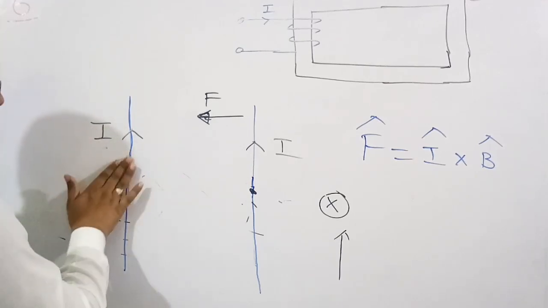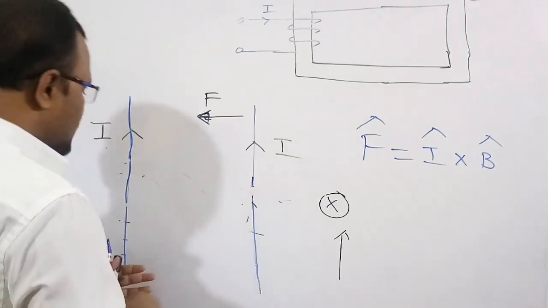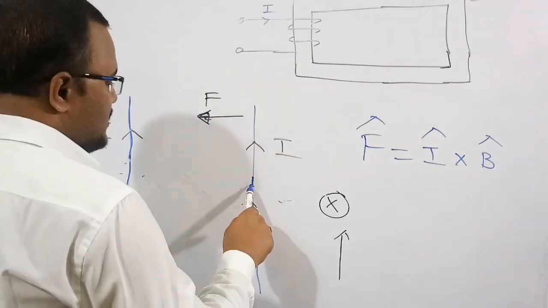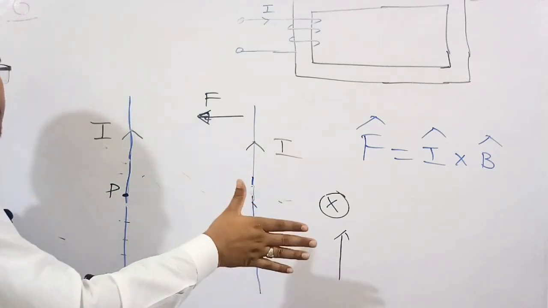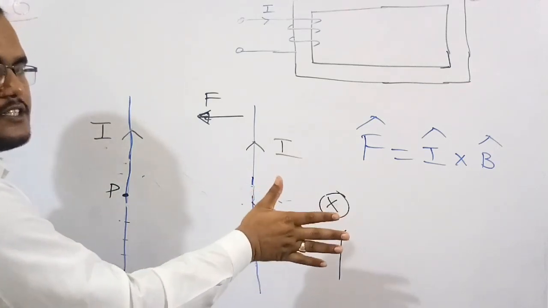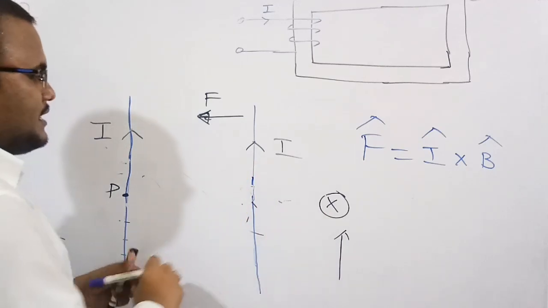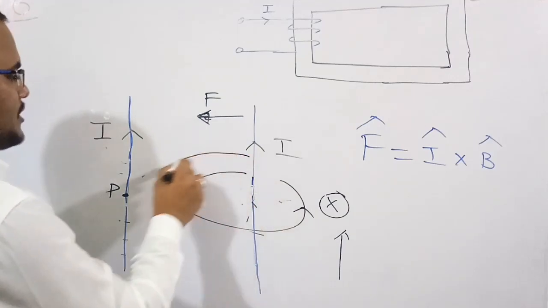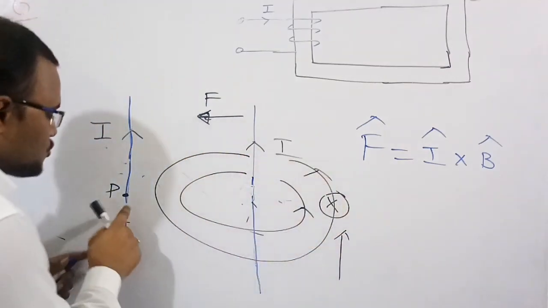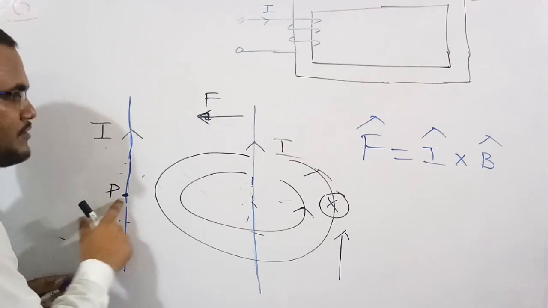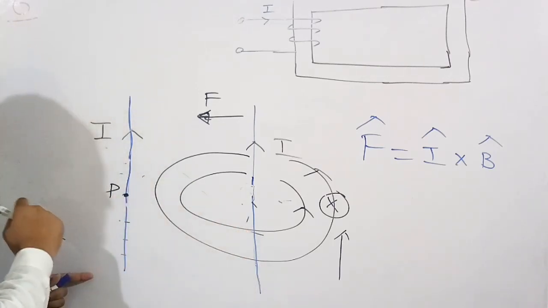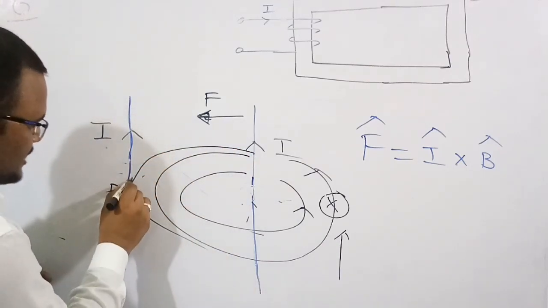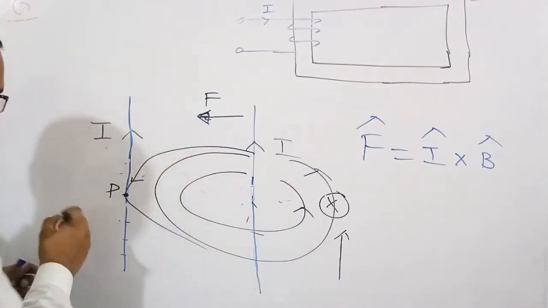Now there is a point P. Because of this current, the magnetic field will again be in this direction, and at this point also like this. Now I need to figure out the direction of the magnetic field because of this wire at this point. Similarly here it will be like this, so the direction will be outward, meaning dot.